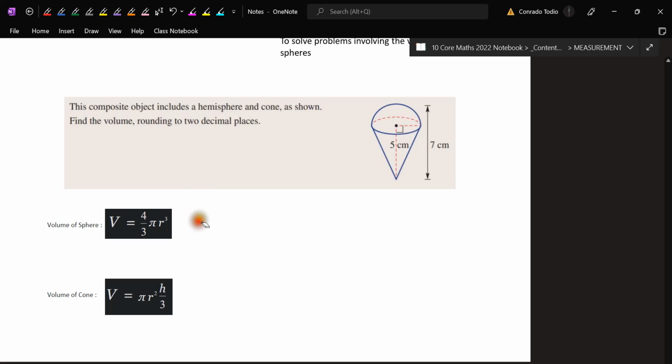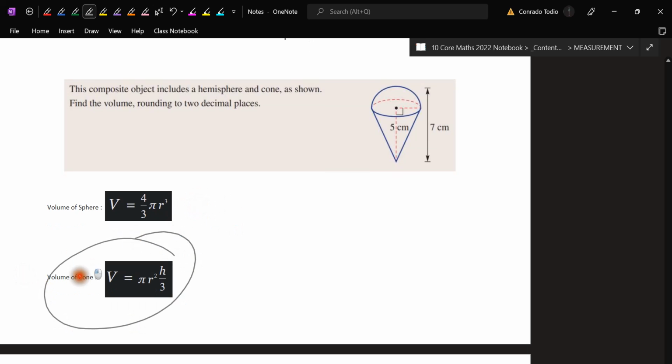And then obviously the cone is pretty straightforward. Just use the measurements that are there. What's the height of the cone? I don't think this will actually be in the exam, but we're just going to do it because it's here. That's 5 centimeters.